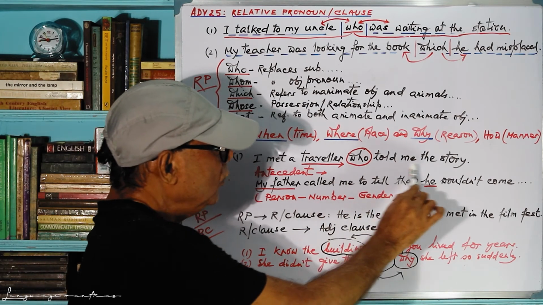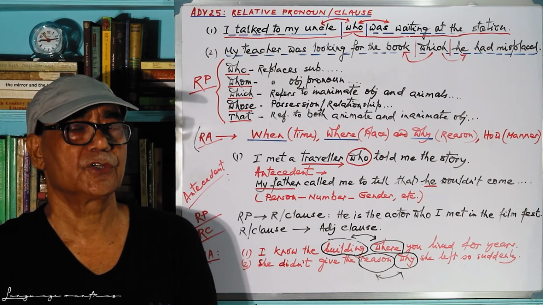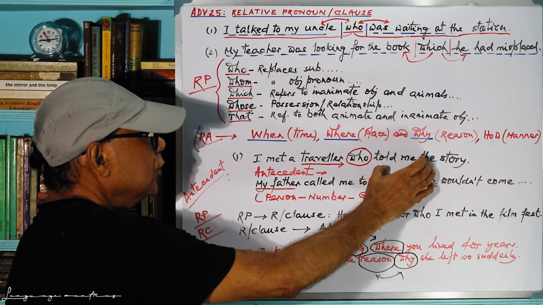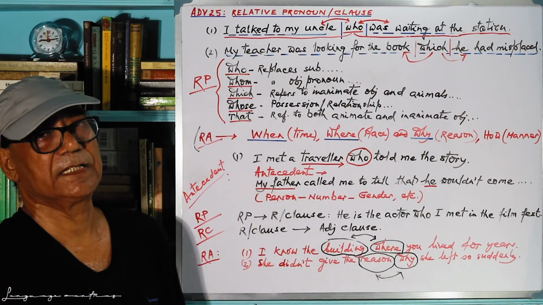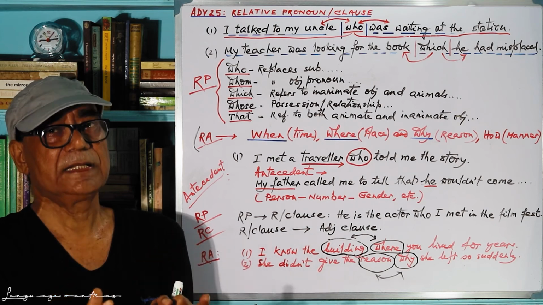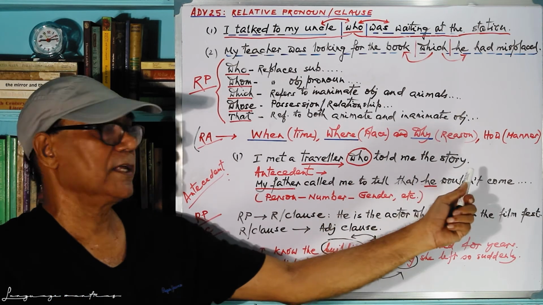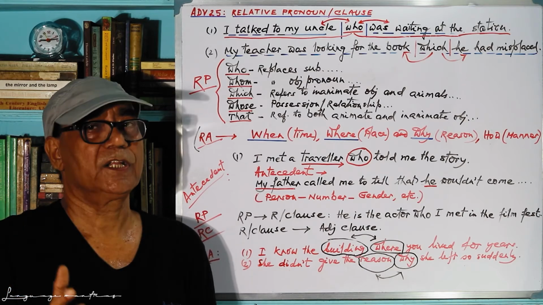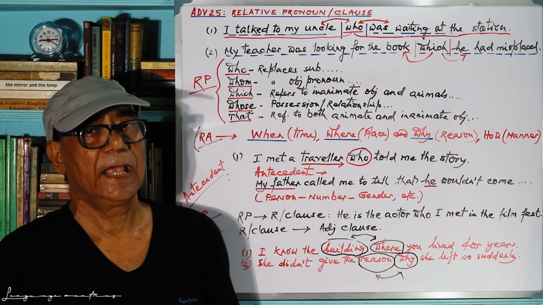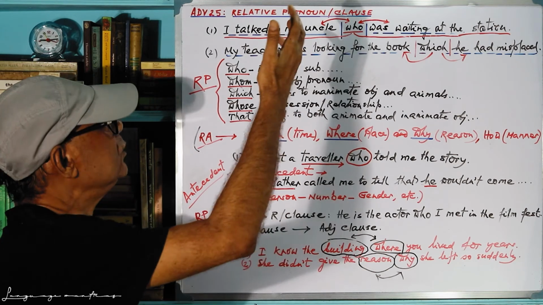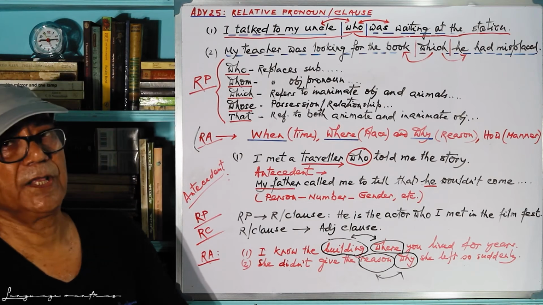This one, who told me the story, is the relative clause, because this clause depends on I met a traveler. I met a traveler is the principal clause, and who told me the story is the subordinate clause. Another sentence: the teacher was looking for the book which he had misplaced.